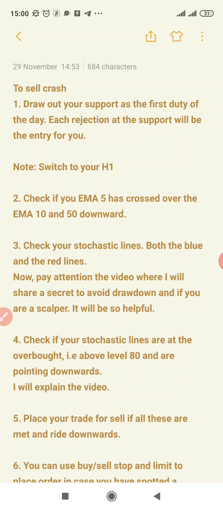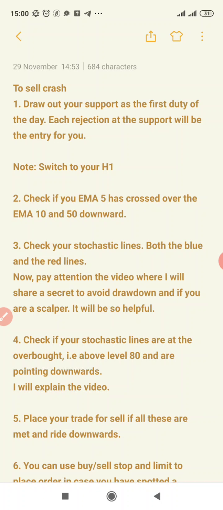So you just enter there, then you watch to see how it's going to be. Once there is a rejection, that means there is buying at that support.